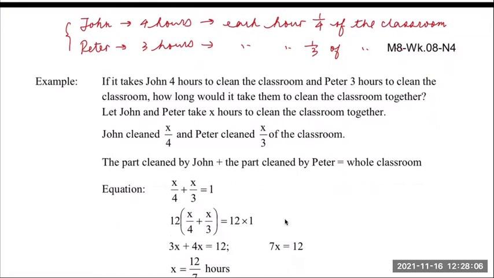So if they work together, the new person, let's just call him JP, can clean 1/4 plus 1/3 of the classroom per hour, right? JP means John and Peter together. So JP can clean 1/4 plus 1/3 of the classroom each hour.